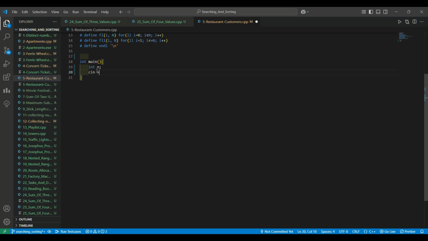Firstly, we will take n, the number of customers. Then we will create two vectors of size n. One is for arrival of customers and another is for departure. Then we would sort both the arrival and departure arrays. Let's take them as long instead of int.